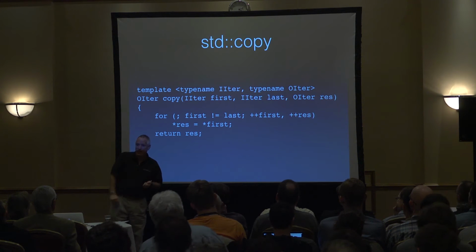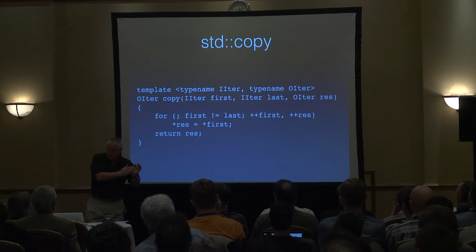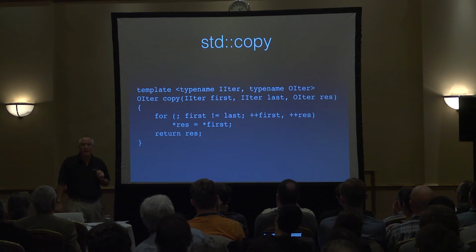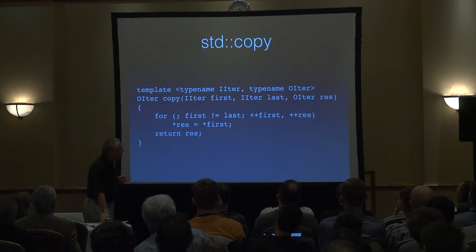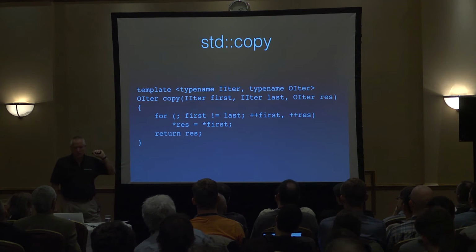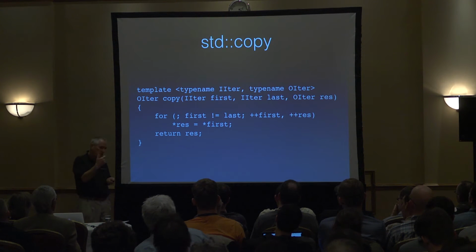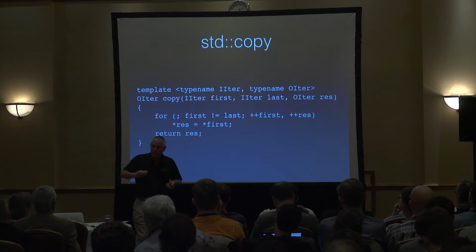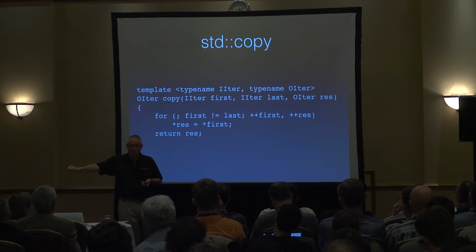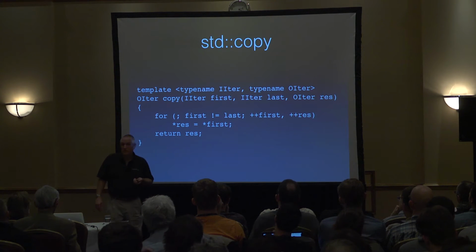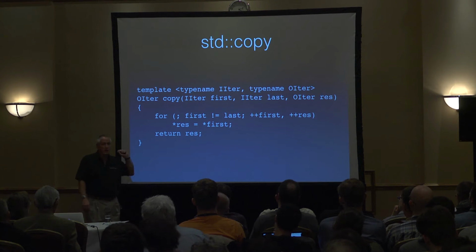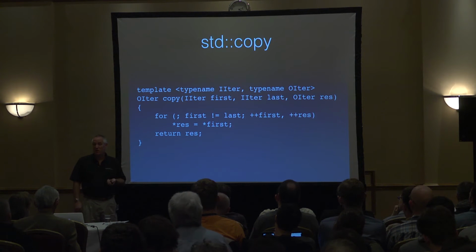It adds something to the end of the container. And the containers, like vector and list, will grow automatically to contain them. Another thing that you can do is you can have an iterator which every time you write something to it, it streams it to a stream. There is a stream iterator, so you can do things like copy a sequence to std::cout.